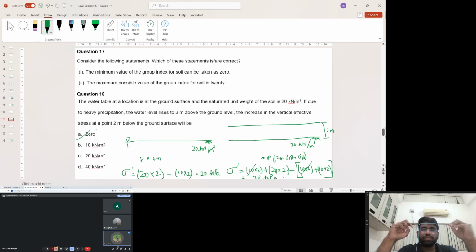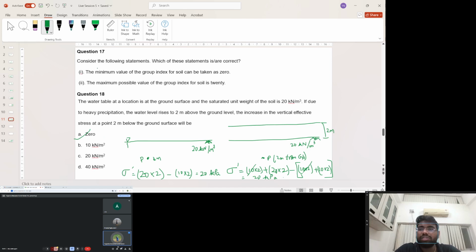So if you get a question or if you come across a situation where somebody puts forth that there is a change in water level, what happens to the effective stress, you can straight away say that it will be 0. You need not consider it, as there will be no change in effective stress at all. All right, this is also one of the important observations. So option A is the right answer.